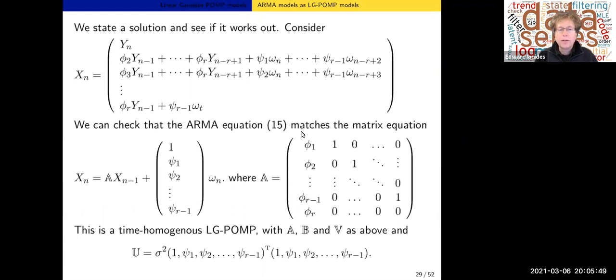And so then you have a time homogeneous LG-POMP, and this corresponds to a U with this form. I claim this both matches the ARMA model, and clearly we've written it in the form of an LG-POMP. So you can check through the details and see if you can find any mistakes if you want to.